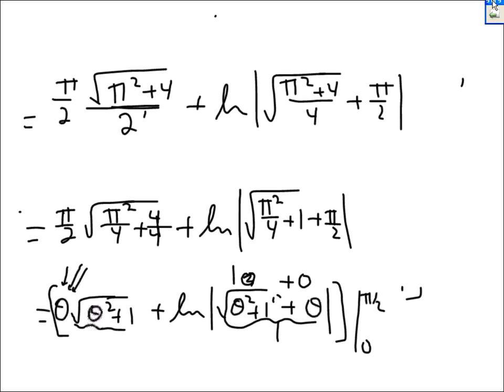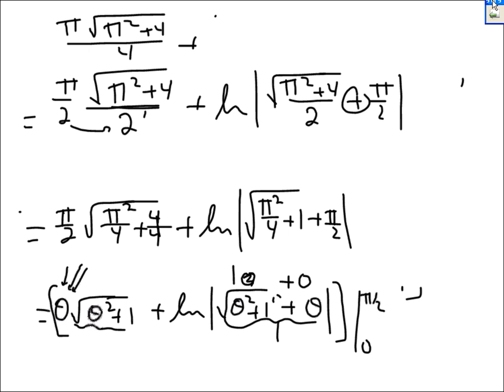Same thing inside the ln. The square root of 4 is just 2. Now, 2 times 2 is 4. So you get pi times the square root of pi squared plus 4 over 4 plus, in addition, if the bottoms are the same, keep it, the ln of the square root of pi squared plus 4 plus pi, over 2. The 2 in the bottom is positive, and the square root of pi squared plus 4 is positive, and then you add pi, more positive.